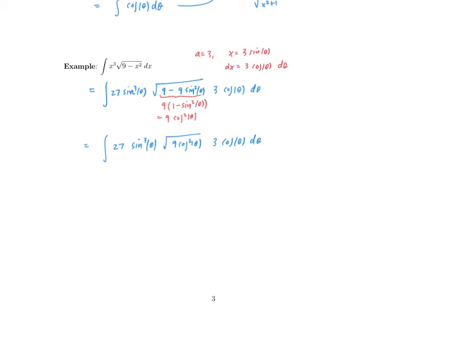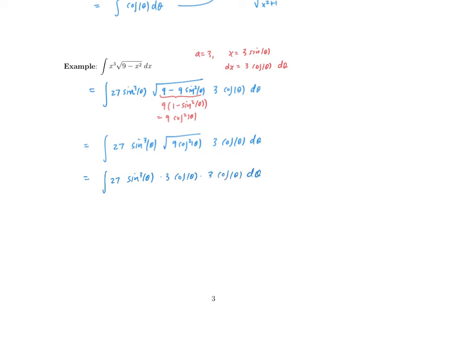We can also continue simplifying this middle term involving the square root. So let's take this one step further: 27 sine cubed theta times 3 cosine theta times 3 cosine theta.